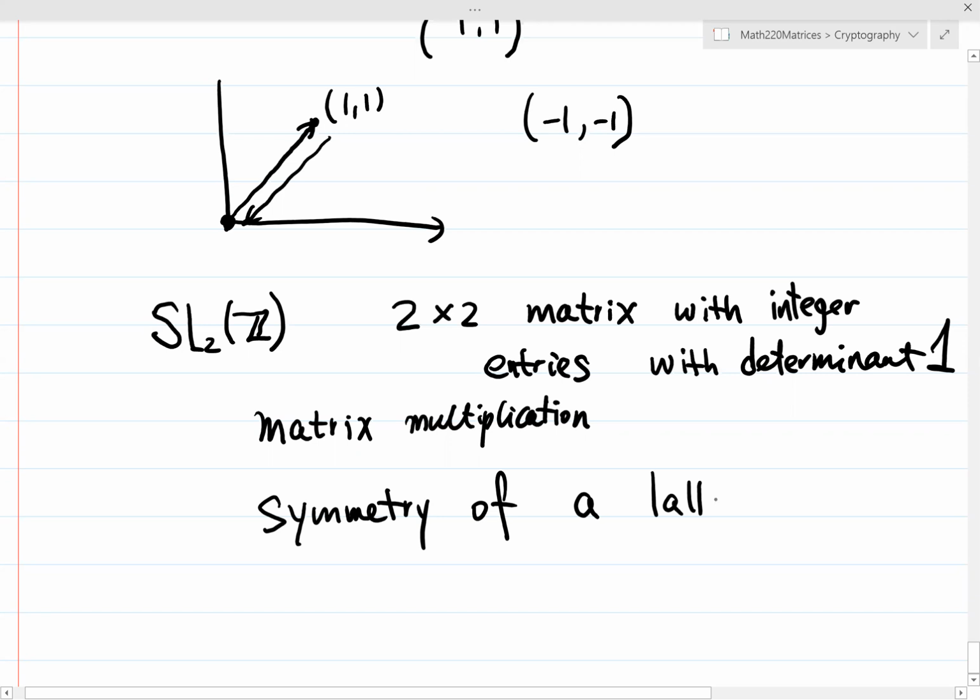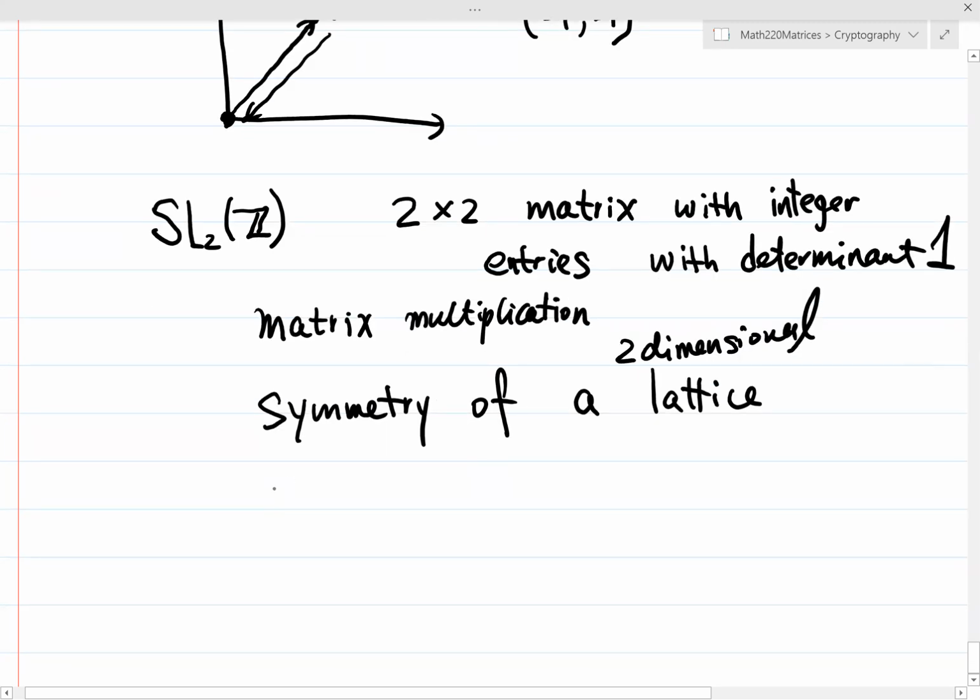All we see is a two-dimensional lattice.